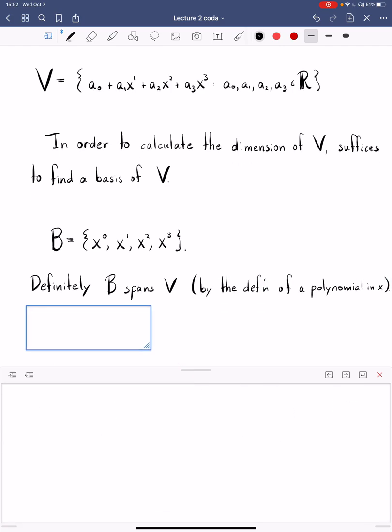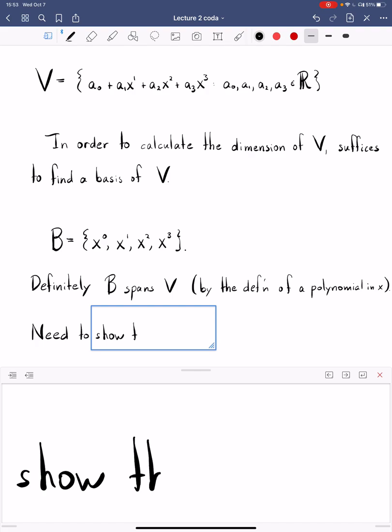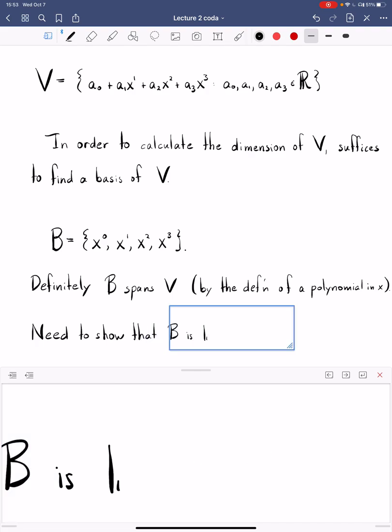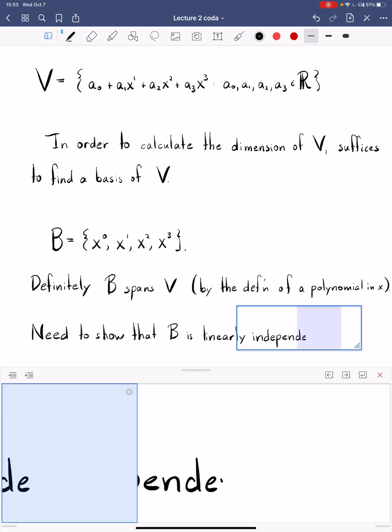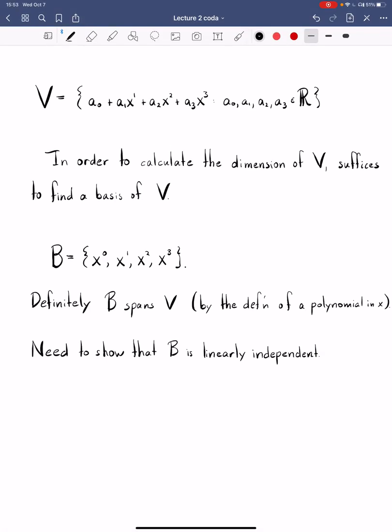Okay, but there's still one more thing that we need to do. We need to show that B is linearly independent. All right, and so how do we do that? So what does that mean?